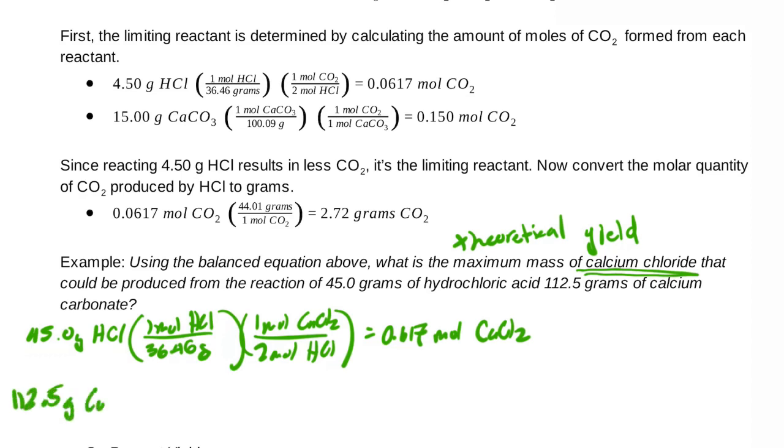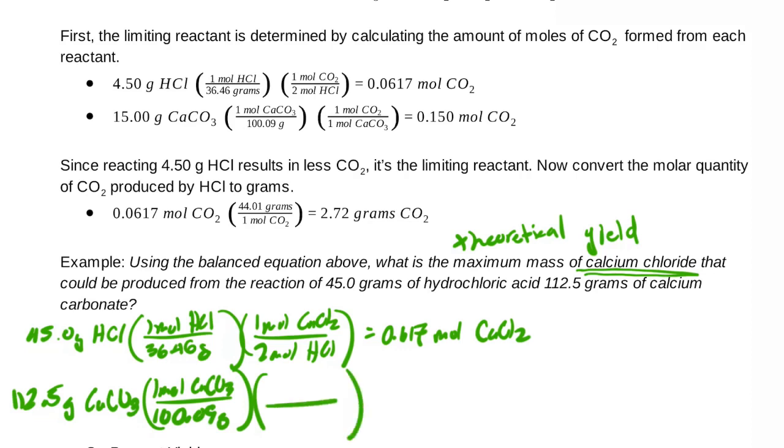Then we have 112.5 grams of CaCO3. Calcium's mass is 40.08 plus carbon's 12.01 plus 3 atoms of oxygen, that's 48. There are 100.09 grams in 1 mole of calcium carbonate.